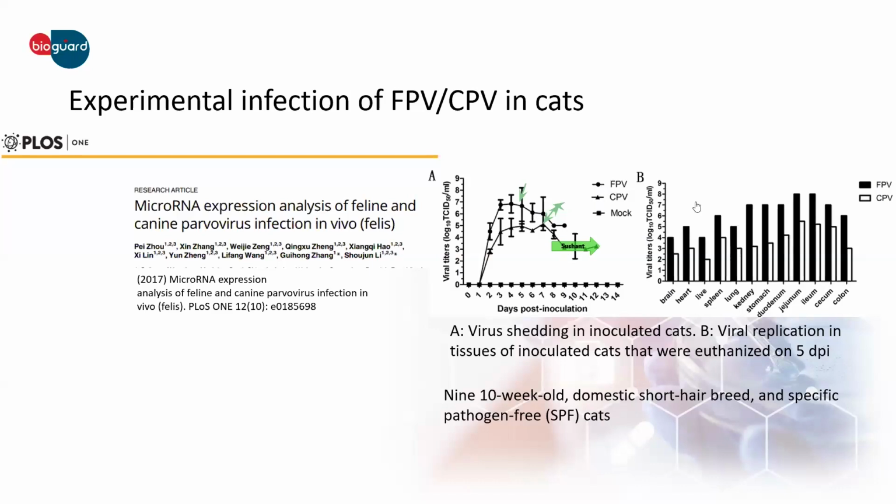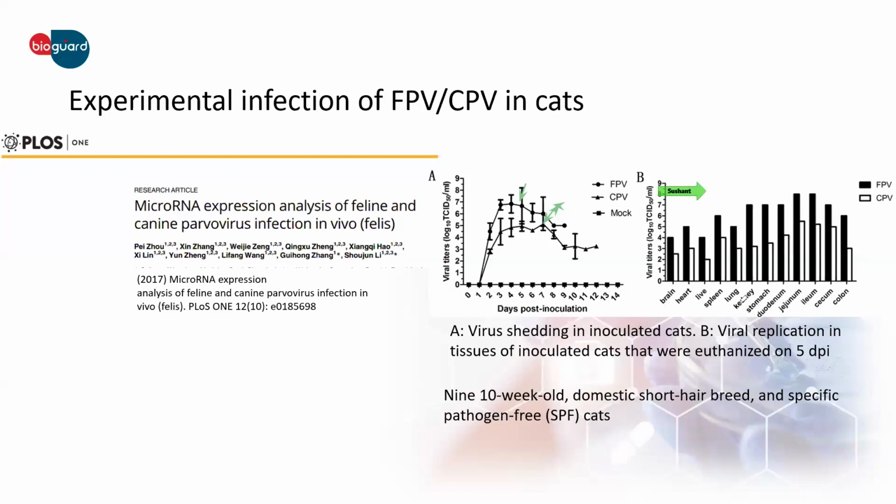And figure B here shows the viral replication in tissue of inoculated cats that were euthanized at 5 days post-inoculation. You can see the virus is identified and the virus titer is here.